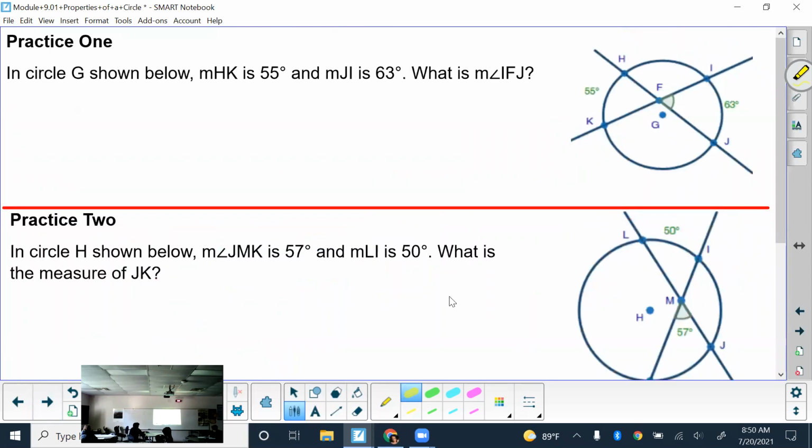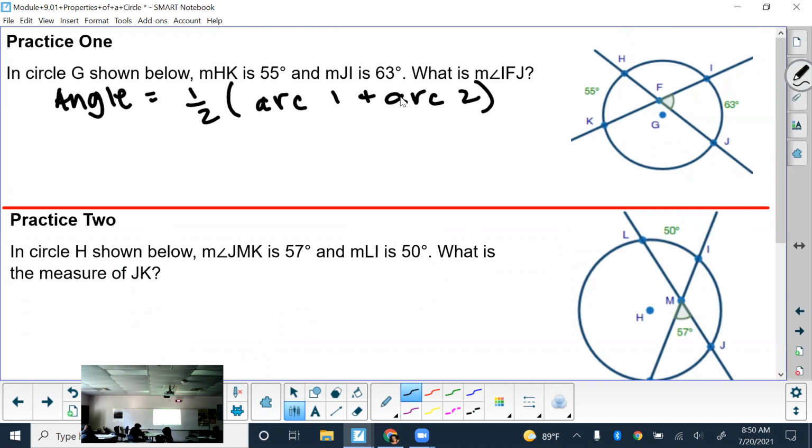So for practice 1, I would start by writing the formula. So we have the angle equals 1/2 arc 1 plus arc 2. So this time it's asking for, so HK is 55, JI is 63.